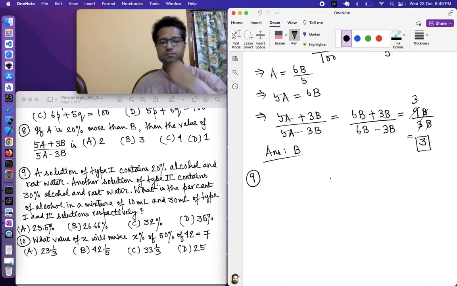So let's find out the amount of alcohol in 10 ml of type 1 solution and 30 ml of type 2 solution.